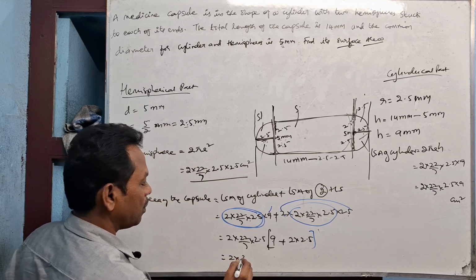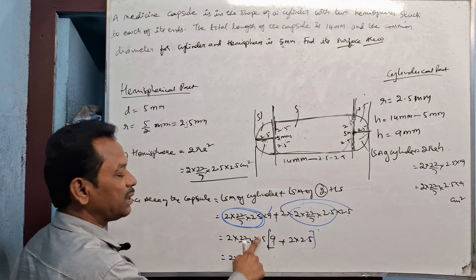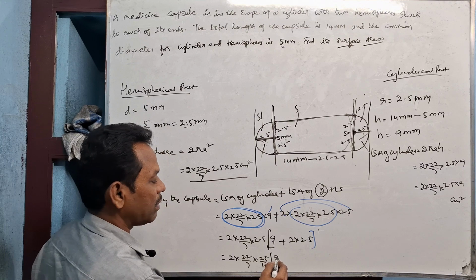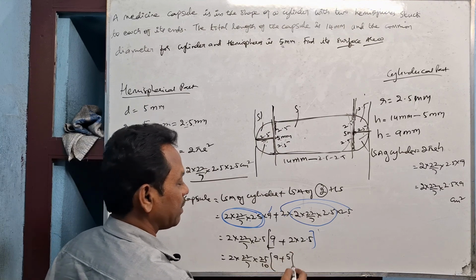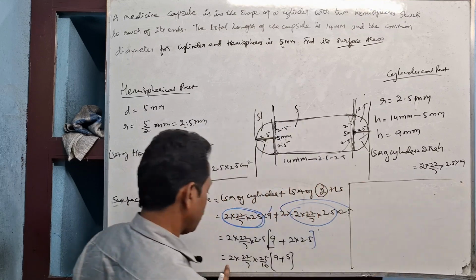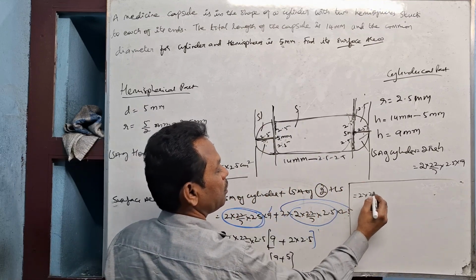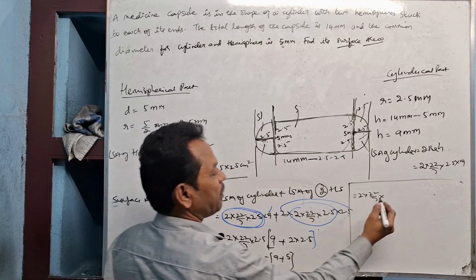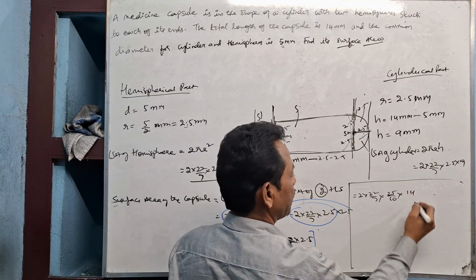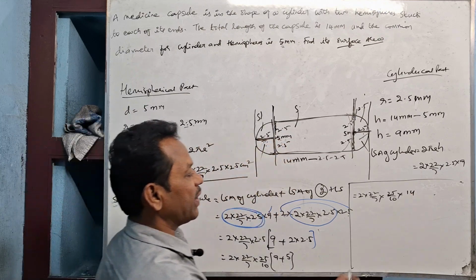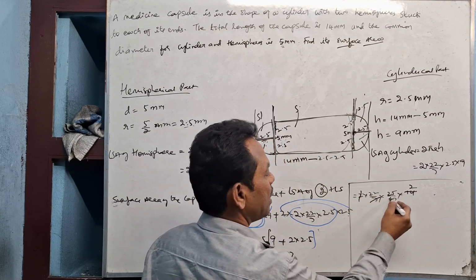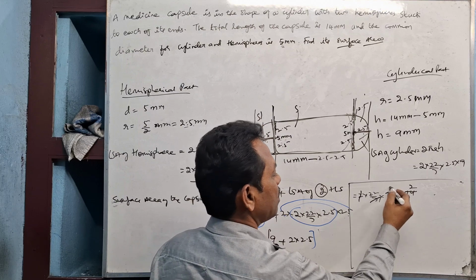So we get 2 into 22 by 7 into, taking out the point, 25 by 10 into 9 plus, when I multiply, I get 5 there. Let me simplify: 2 into 22 by 7 into 25 by 10 into 14. Now, 7 ones are 7, 7 twos are 14. Next, 2 fives are 10, 5 fives are 25.